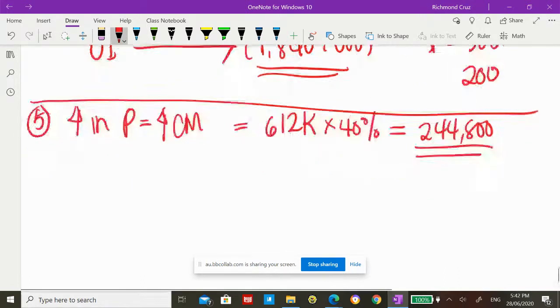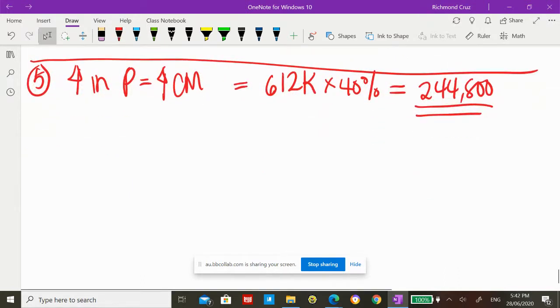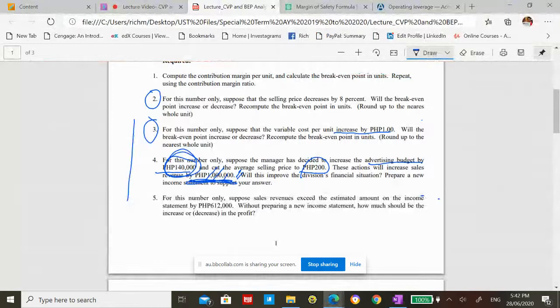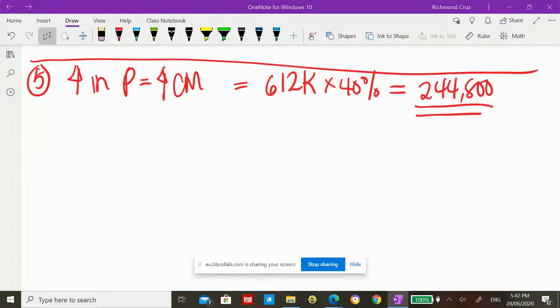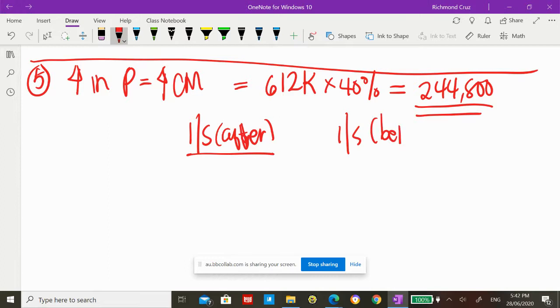If you want, you can compare the before and after. This is the income statement after, and this is the income statement before, and this is the increase or decrease.